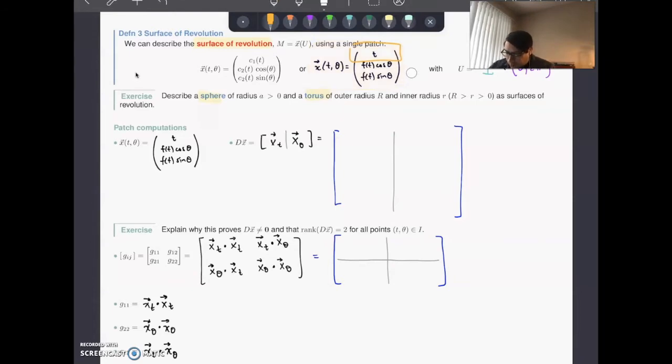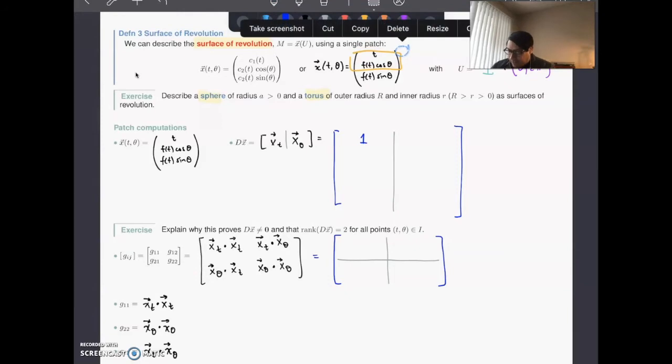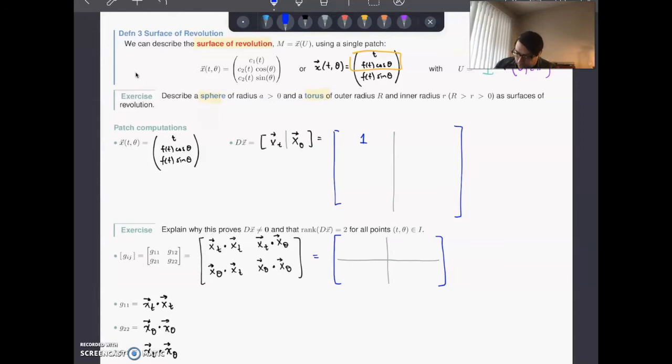Okay, so first let's take the derivatives with respect to t. What is this? This is 1. Okay, that's it, folks. It's really that simple. What about our next function? So cosine theta and f of t, if I take the derivative with respect to t, I'm going to get f prime of t cosine of theta.